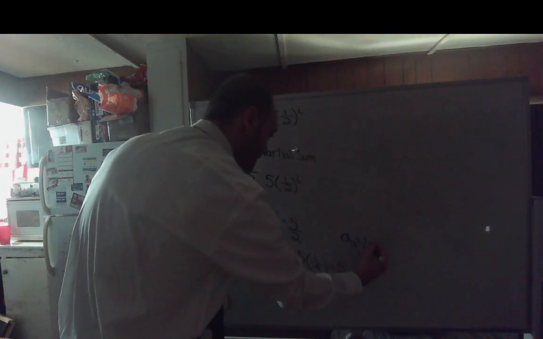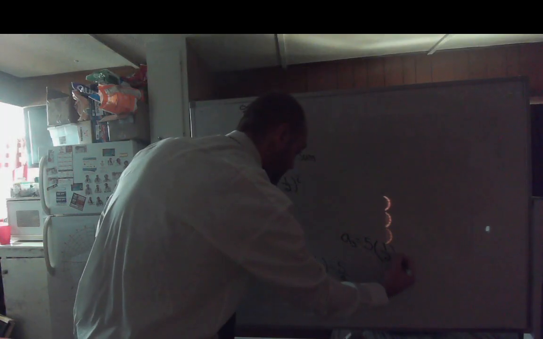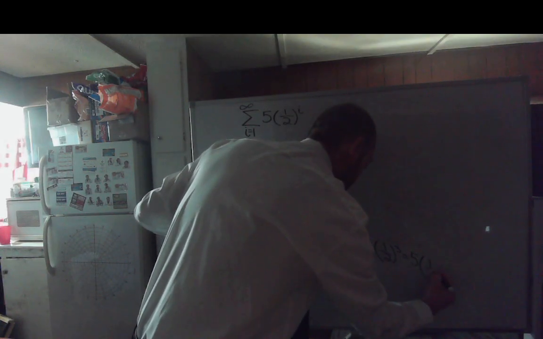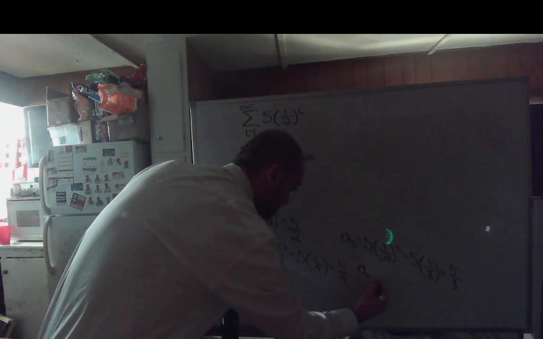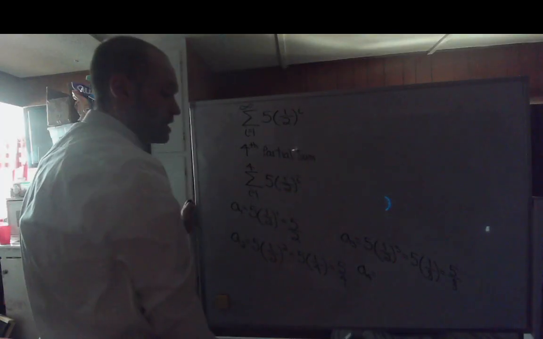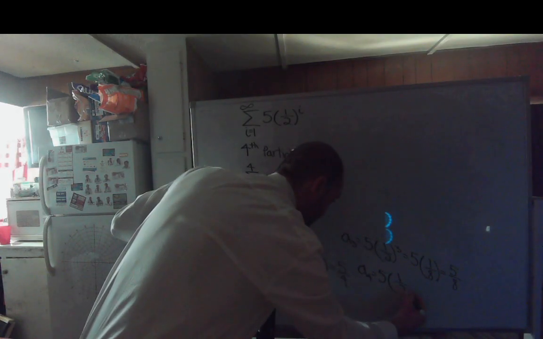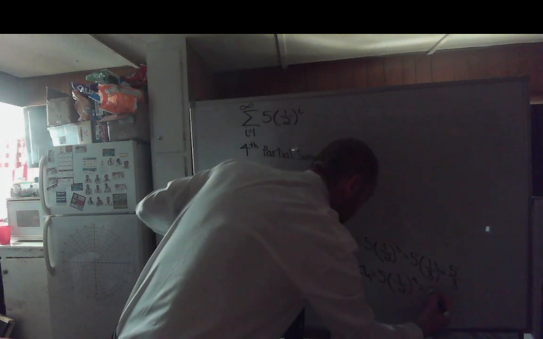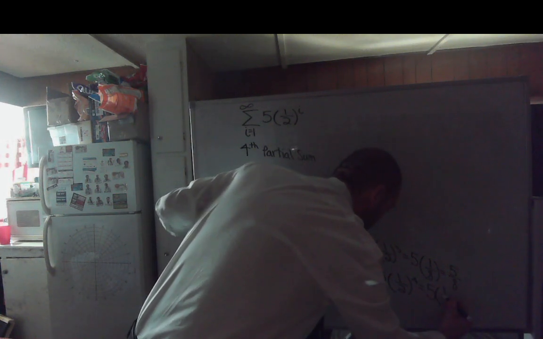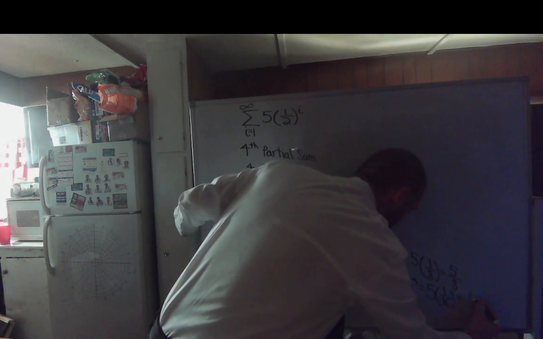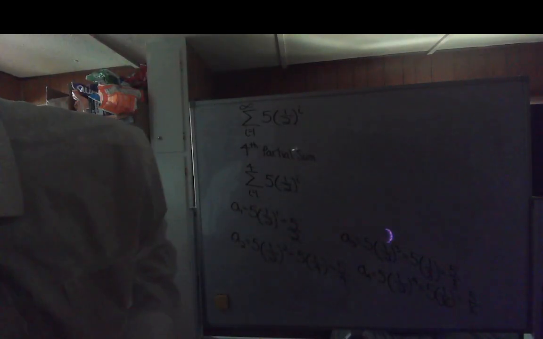That's going to equal 5 times 1/2 to the third power, which is 5 times 1/8, or simply 5/8. And then what about a sub 4? That's going to be 5 times 1/2 to the fourth power, which would end up equaling 5 times 1/16, or 5/16. So we found the first 4 terms.